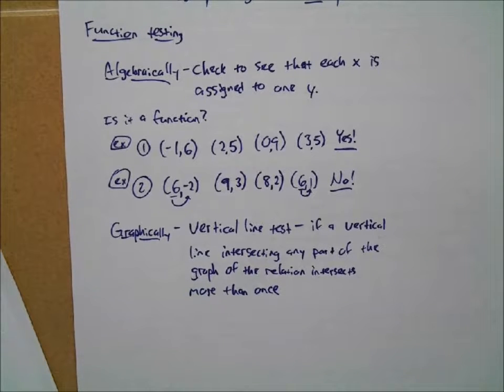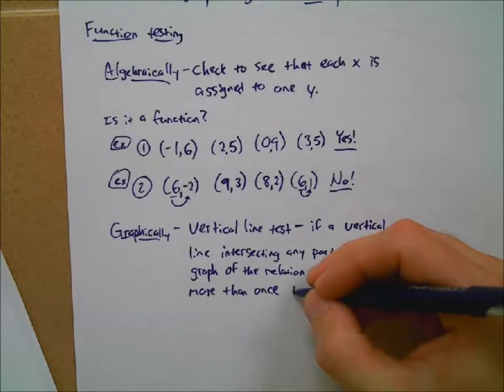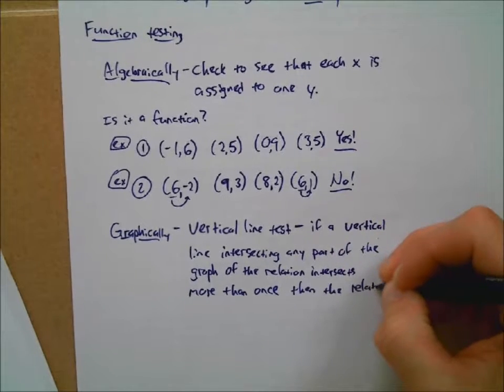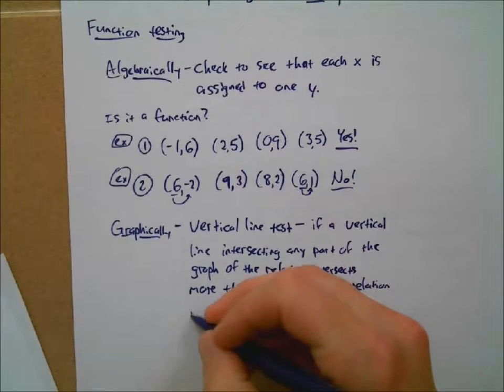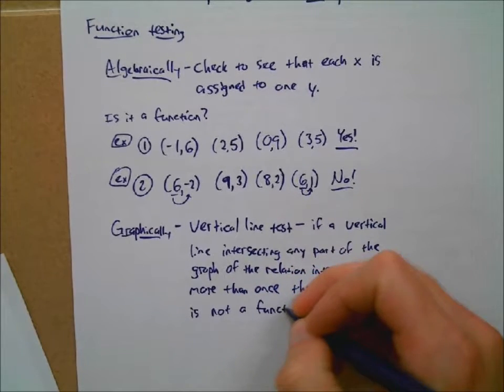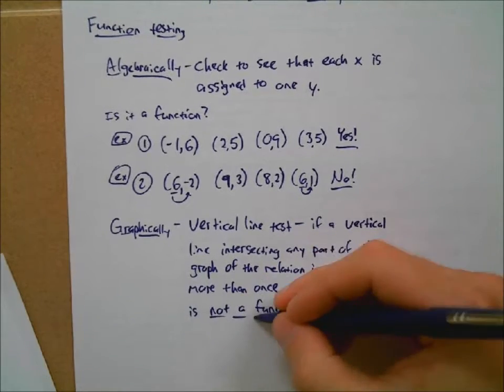So 0 points of intersection, okay. 1 point of intersection, okay. More than one, then the relation is not a function. Okay, not a function.